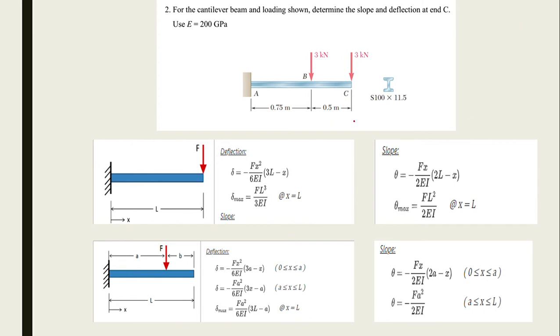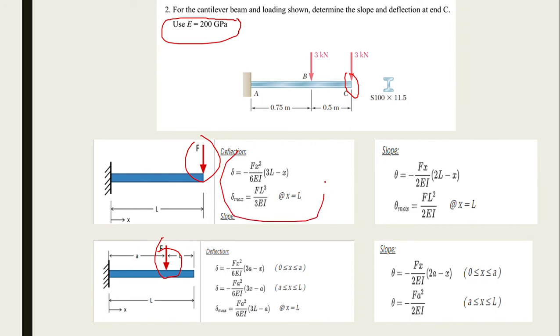For this question, we need to determine the slope at the deflection at point C. It means that the deflection at point C is the max deflection. It's given that E equals 200 GPa. For this question, it is easier if we divide the load first, the first load and the second load.